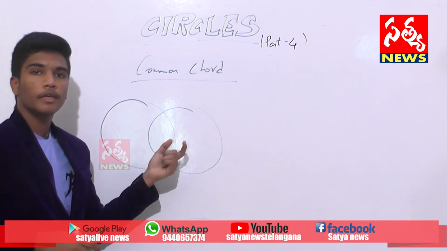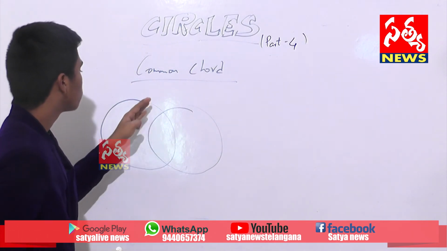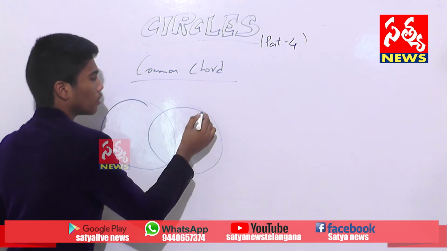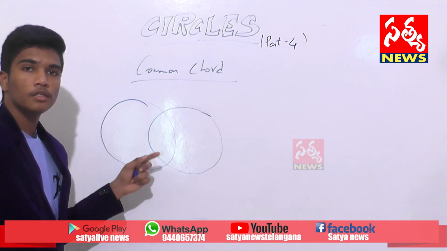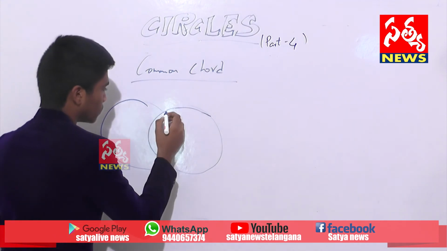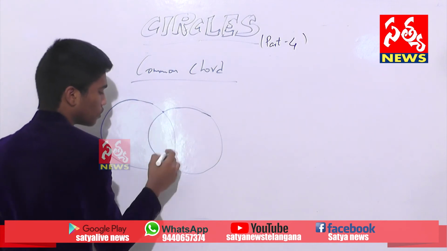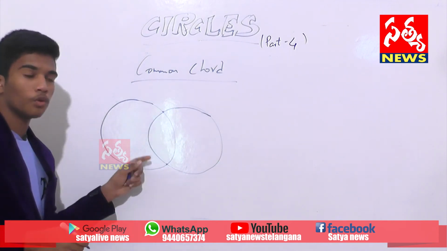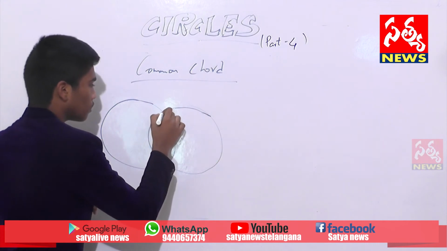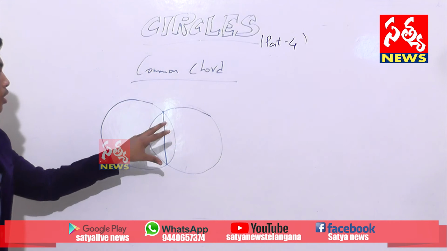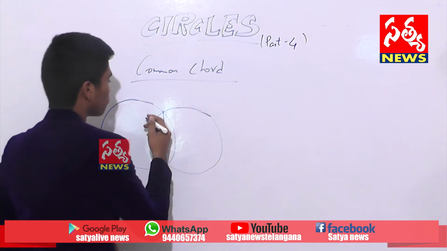Common chord is the line of intersection of 2 circles when they intersect each other. See, when we join the points of intersection of 2 circles, we get the common chord. This is the common chord of 2 circles.